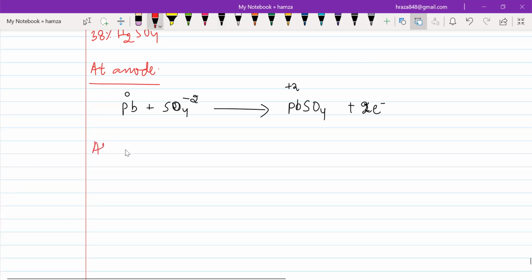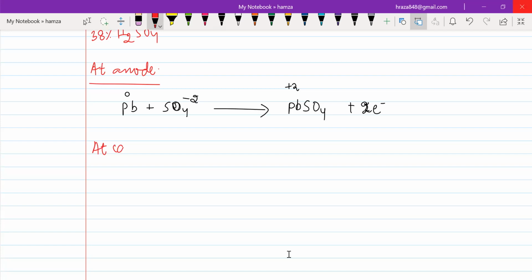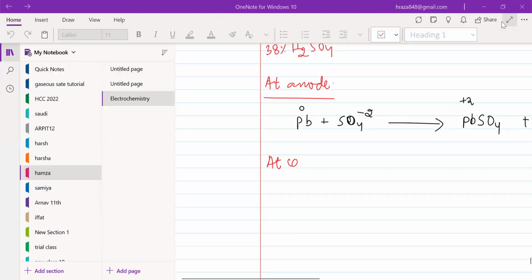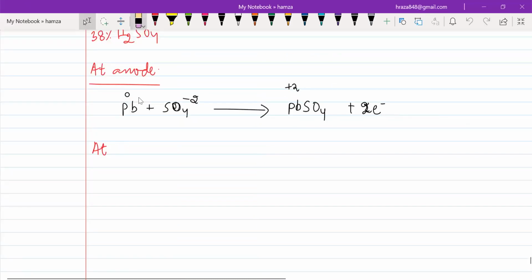At anode, we saw that. Now we will see at cathode. Wait a minute, it's hanging a lot. At cathode, these 2 electrons will be gained.